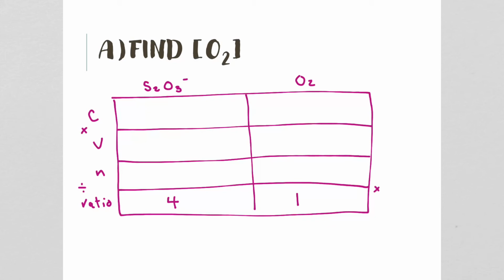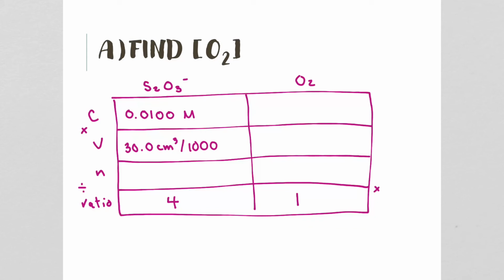So we have a concentration of 0.0100 moles per decimeter cubed, and we had 30 milliliters or 30 centimeters cubed, which we need to divide by 1,000 to get our actual amount. So it's 3.00 times 10 to the negative 4.